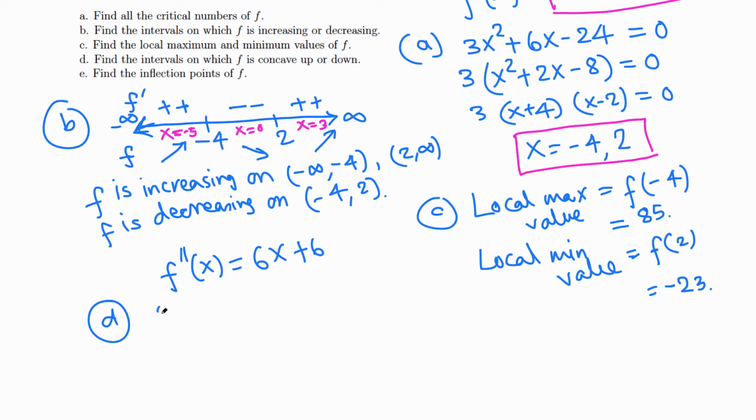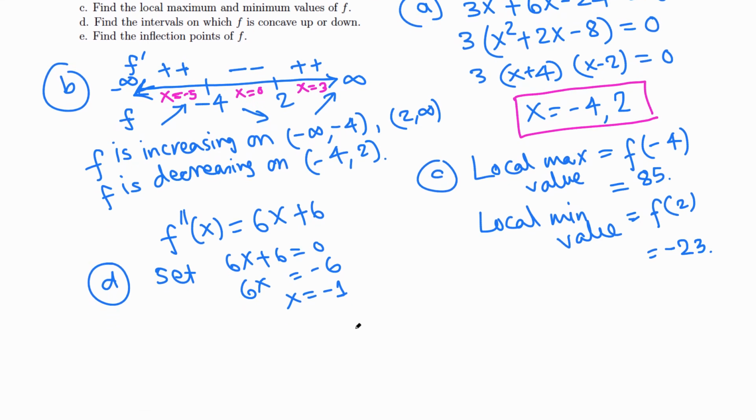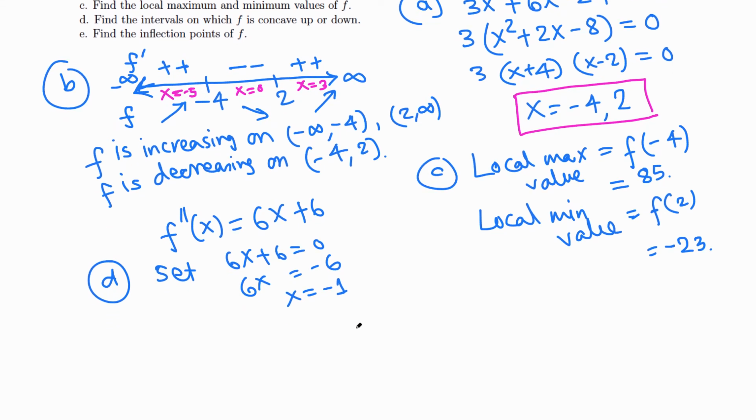So we set the second derivative 6x plus 6 equal to 0. Solve for x: subtract 6 from both sides, divide by 6, we get negative 1. So this could be a possible inflection point. An inflection point is the point where the concavity changes.